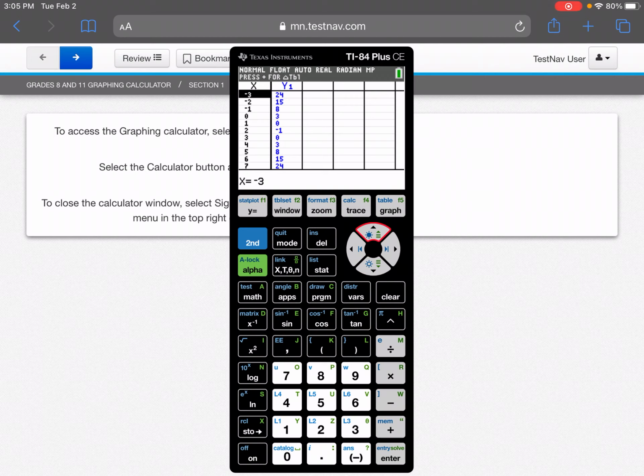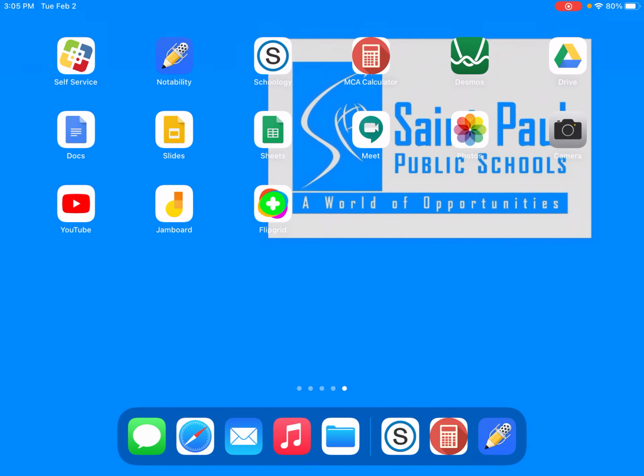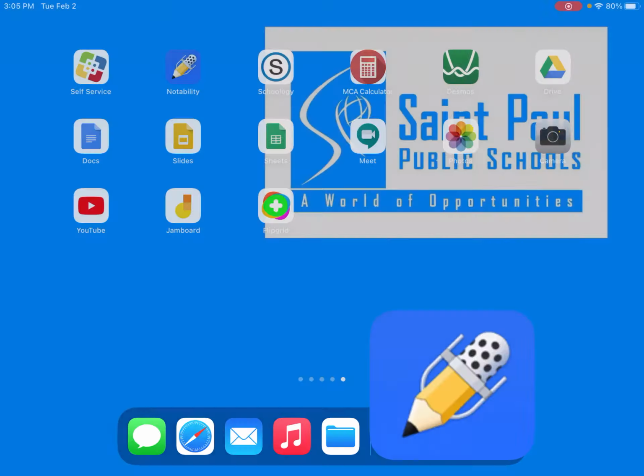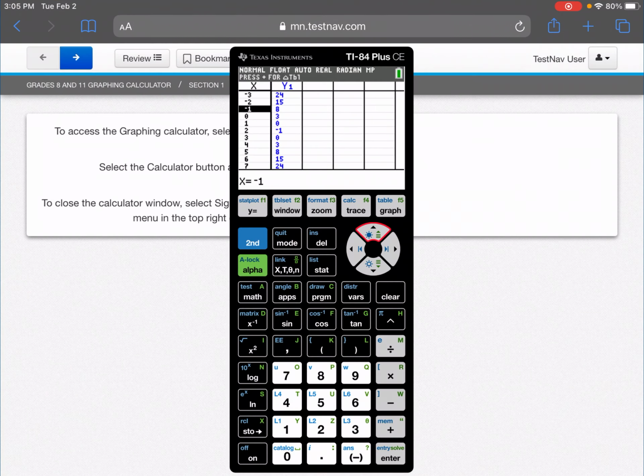Notice negative 3, 24 is not going to fit. Negative 2, 15 is not going to fit. So negative 1, 8 will fit. So I'm going to write that. Negative 1, 8, and 0, 3. Okay, and what else was there? Okay, 1, 0. 2, negative 1.